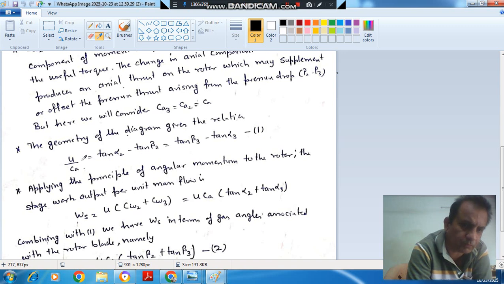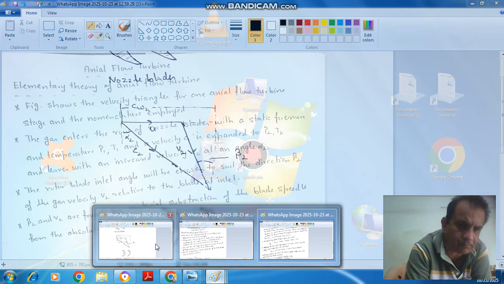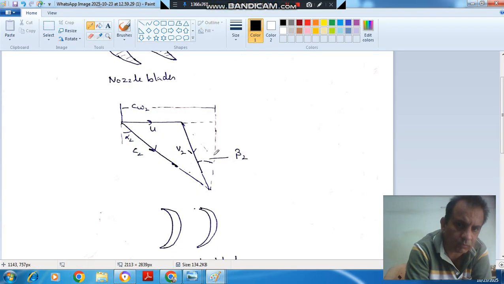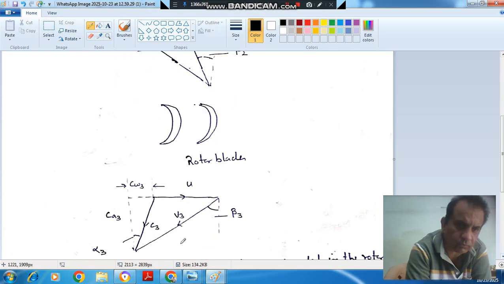Okay. So if we assume CA constant, that is CA2 and CA3 as constant, as we have assumed in the compressor case also.